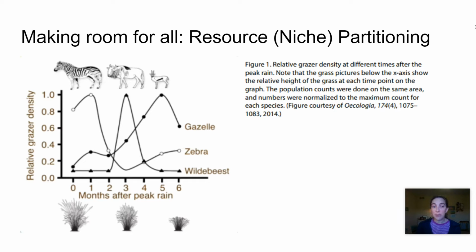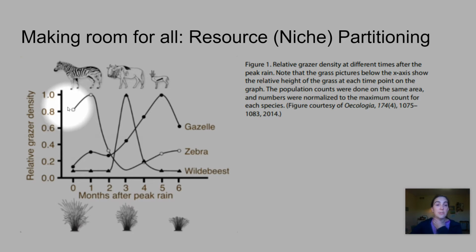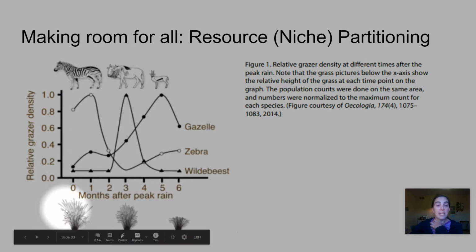As you look at this graph, you should notice a few different patterns in the populations here. First, you can see that the grass, which is down here underneath the x-axis, gets shorter the longer the time goes.